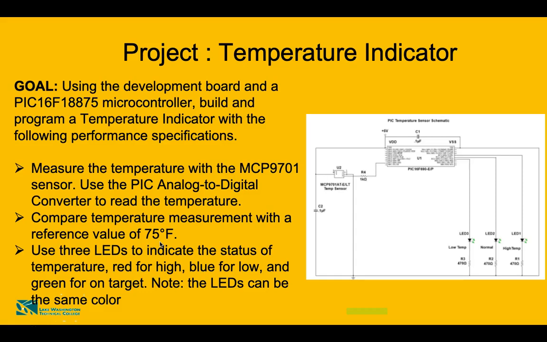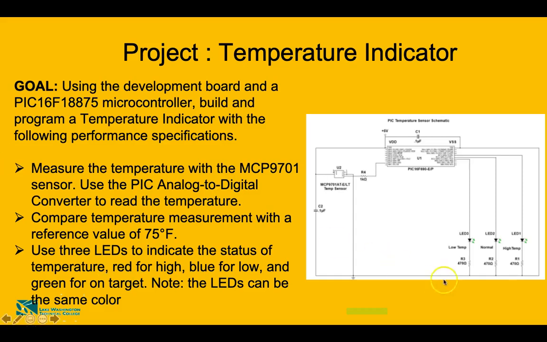With respect to the reference temperature, you are going to check whether your temperature is higher than the reference value or lower. So you use three LEDs to indicate the status of the temperature: whether your temperature is high, whether it is low, or whether you are at the target temperature, which is 75 degrees Fahrenheit.